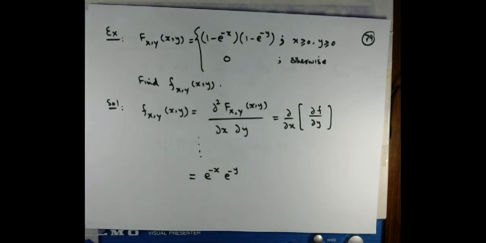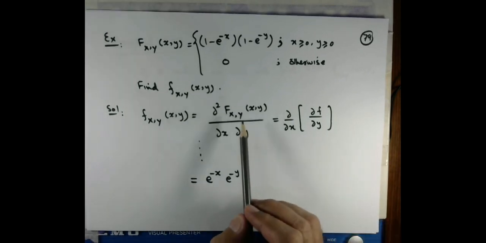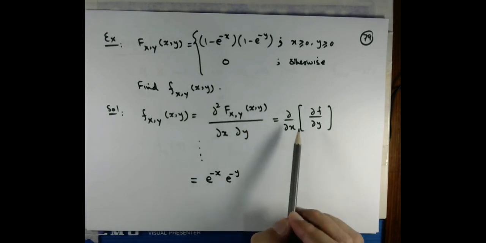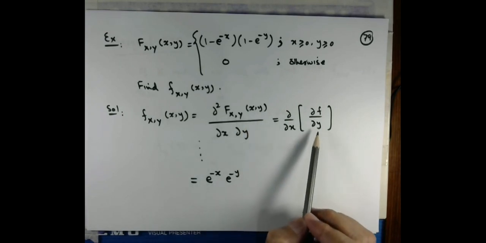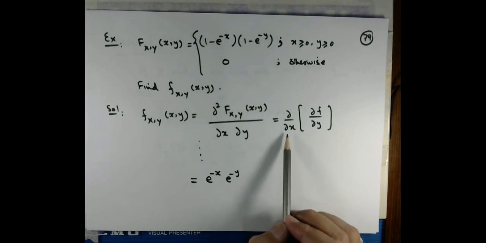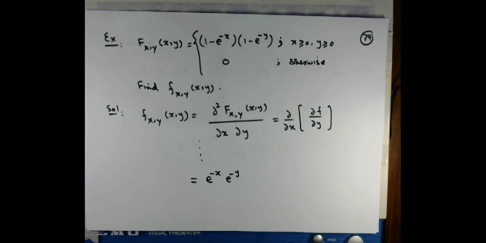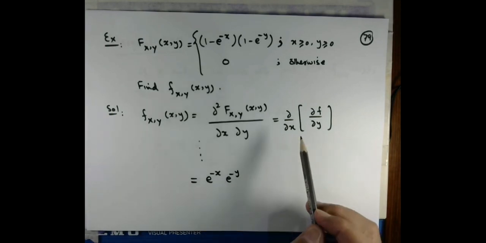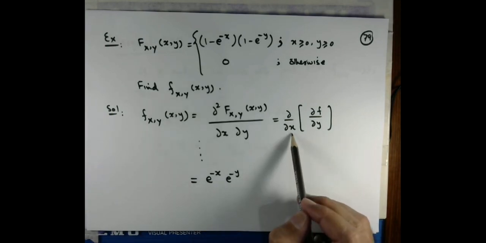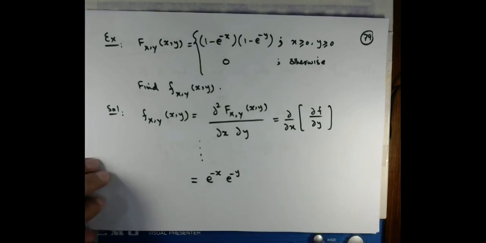So you simply do the partial differentiation, and partial differentiation should be simple. You take the joint function and differentiate with respect to one of the variables, taking the other variable as constant, and in the second go you differentiate with respect to the other variable, assuming the first variable as constant.